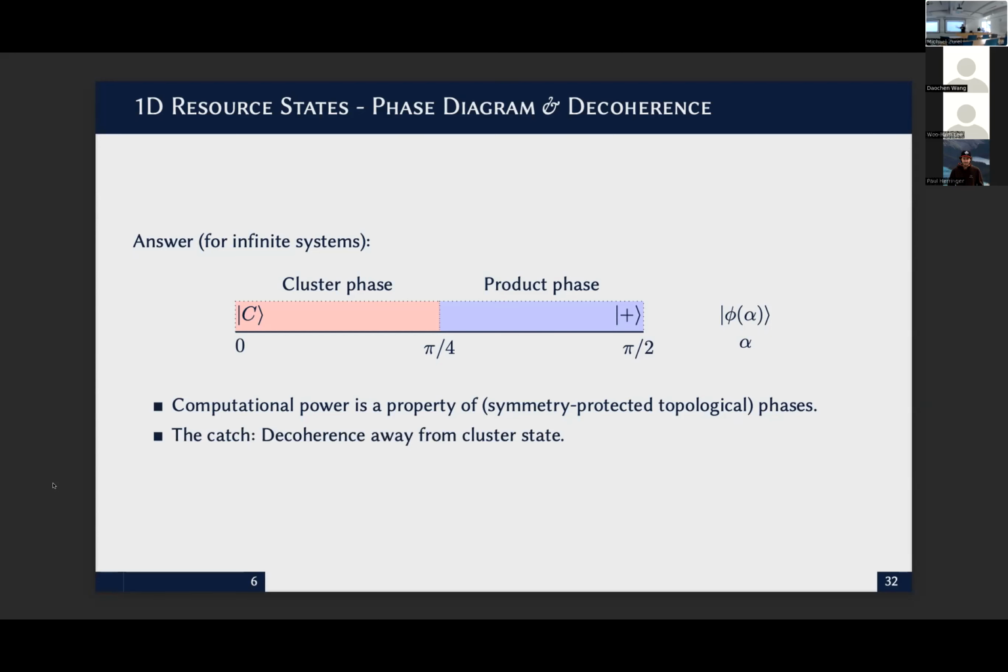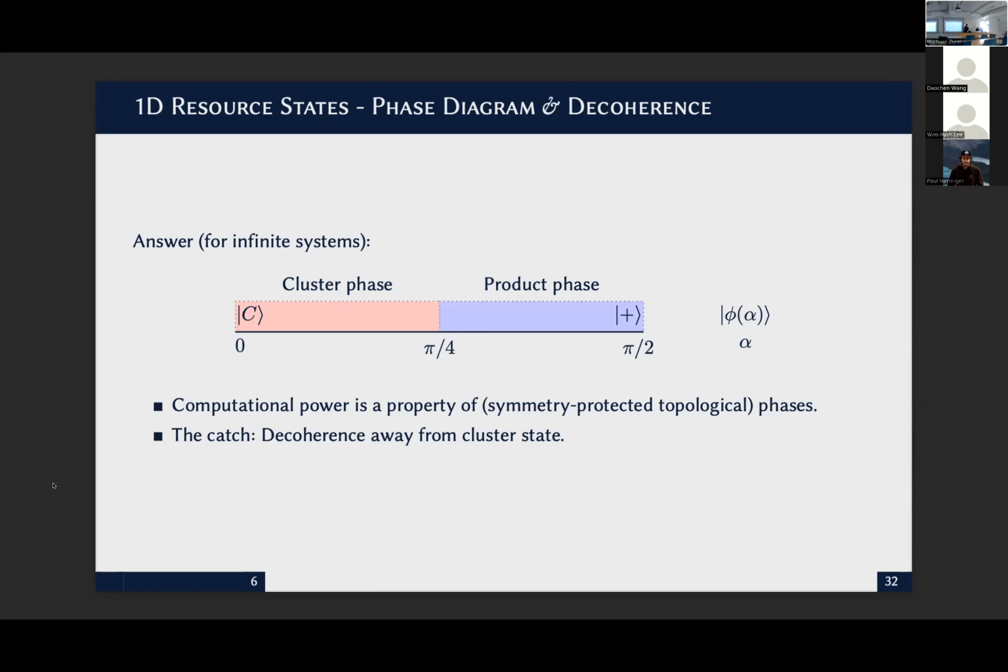As I go away from the cluster state, as I try to do these rotation operations, I incur logical decoherence. So my rotations are essentially no longer error-free. And it just turns out that if I'm working within the cluster phase, there are techniques I can use to mitigate this decoherence such that these states are still computationally as powerful as the cluster state when taking these techniques into account.